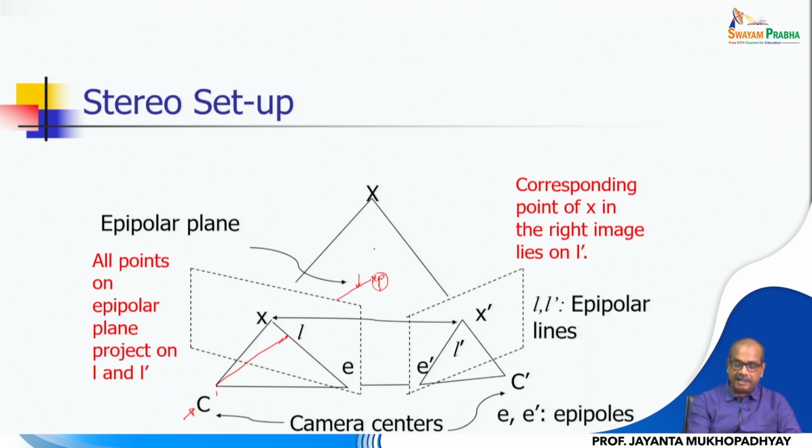Any point lying in the epipolar plane will have its image on the epipolar lines, both in left and right. So here also you can find that this is lying on the epipolar line.